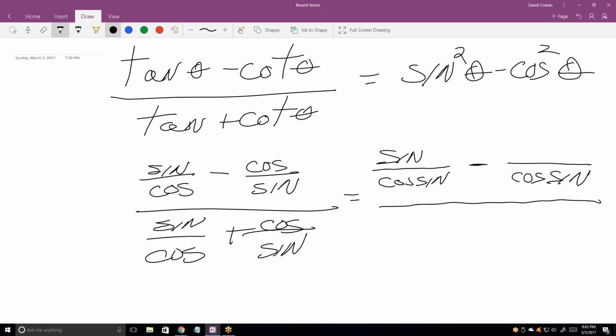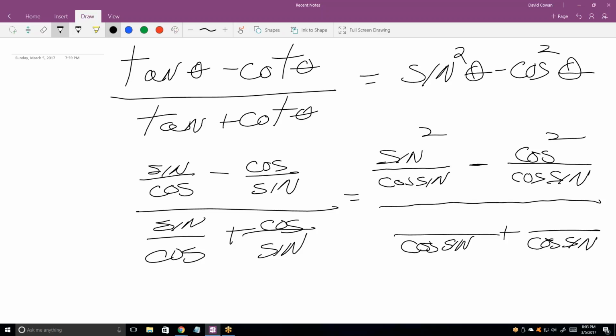And the top right? Cosine squared. Let's do the same thing in the bottom. So we have the same common denominator, and the top left, same thing, sine squared plus cosine squared. Now what?